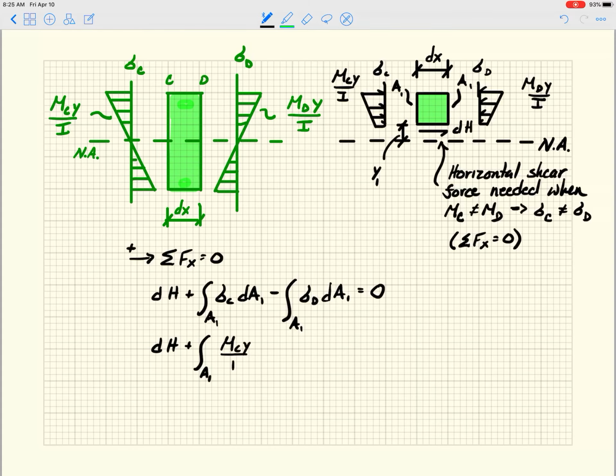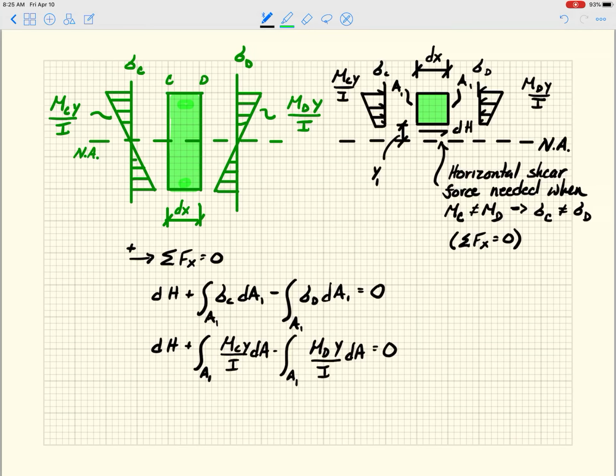This becomes integral of mcy over I dA minus integral of mdy over I dA, and that has to equal 0.